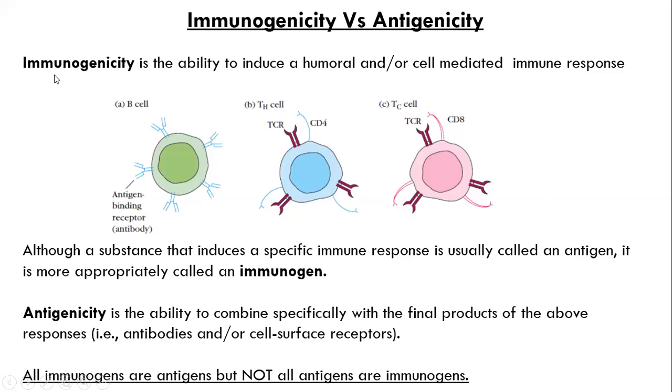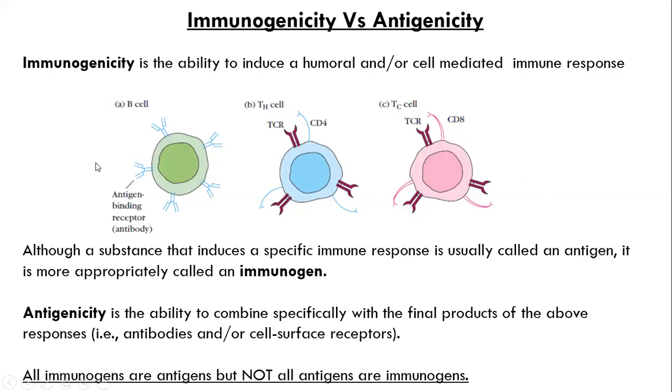So basically, immunogenicity is the ability to induce humoral and cell-mediated immune response that comes through antigen-antibody interaction. If the antigen-antibody interaction can elicit the immune response by completing all steps, that is called immunogenicity, and that molecule is called an immunogen.